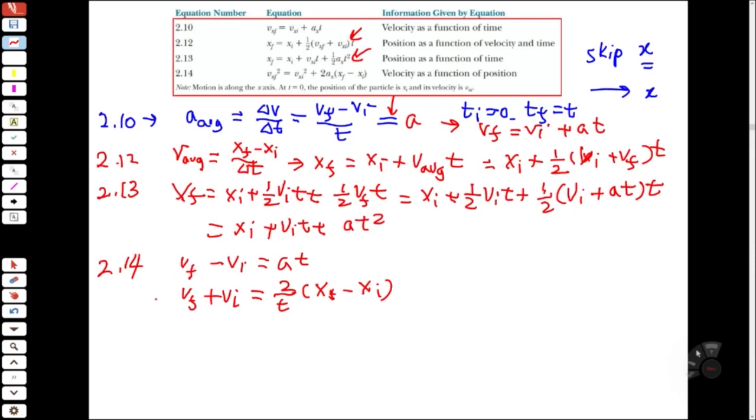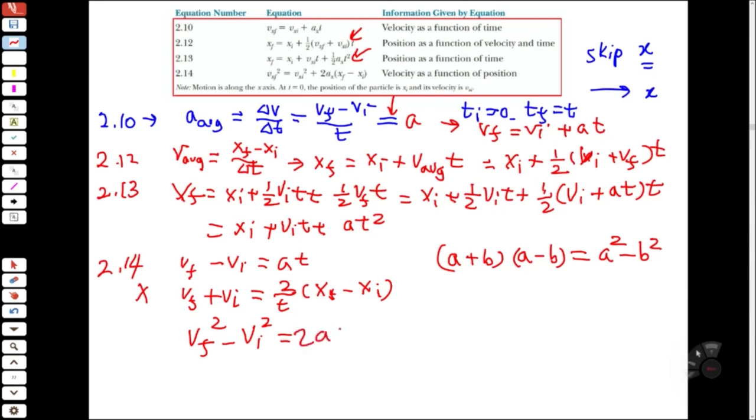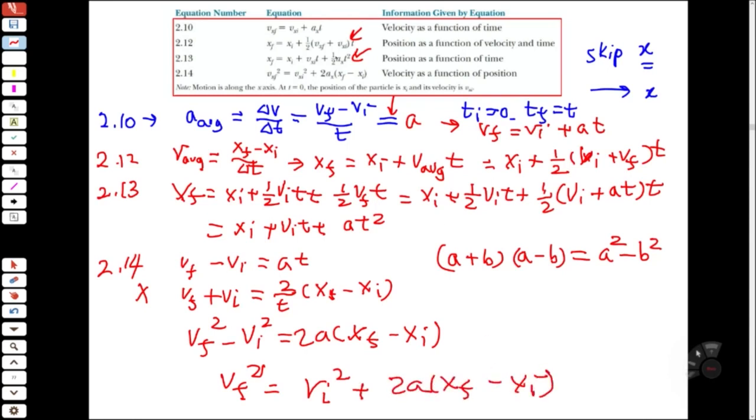If I multiply these two equations and use this basic formula, (a plus b)(a minus b) equals a squared minus b squared, then vf squared minus vi squared equals, t cancels, 2a (xf minus xi). So if I put this into the right hand side, you have vf squared equals vi squared plus 2a (xf minus xi). Okay, so that is this expression.